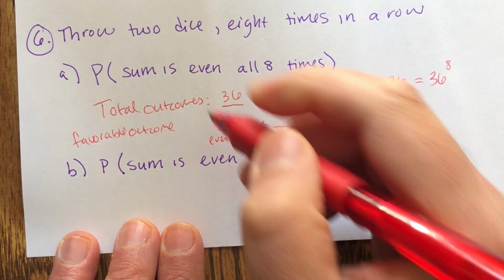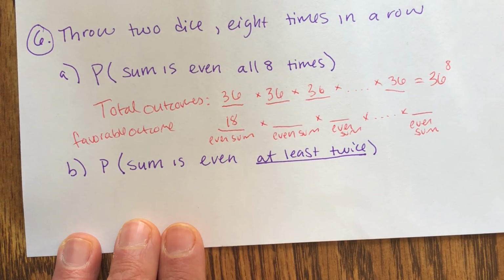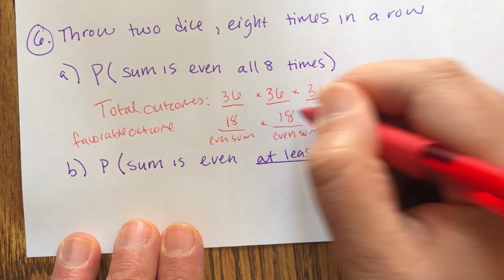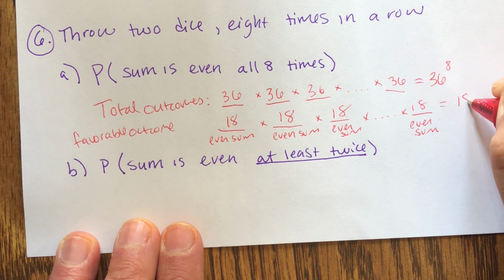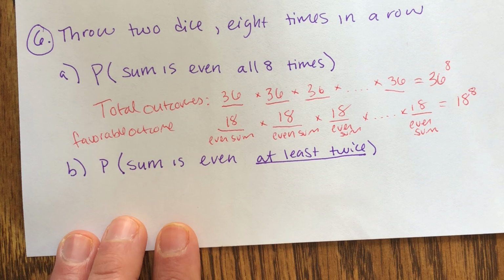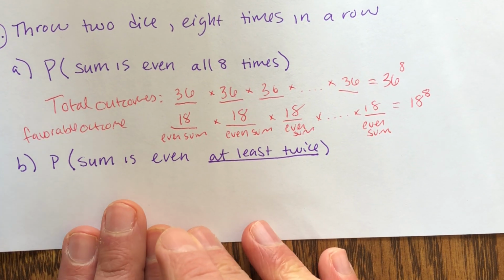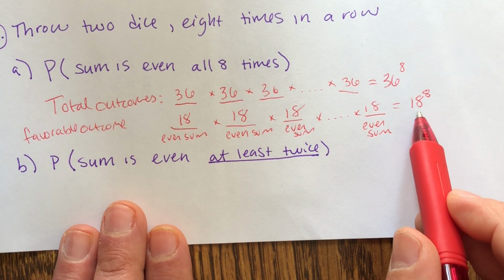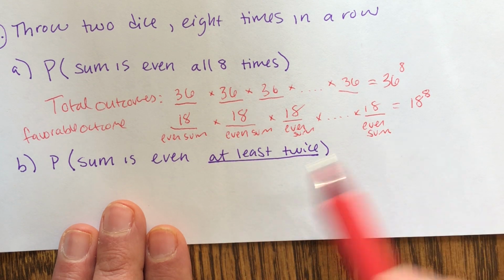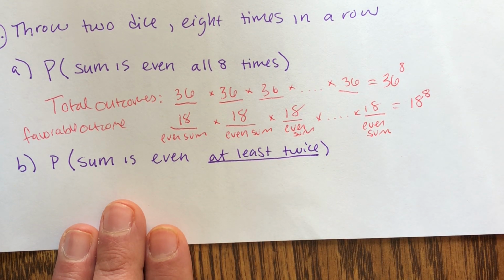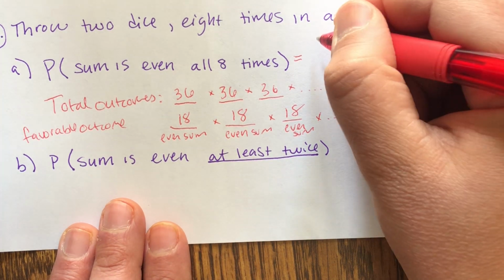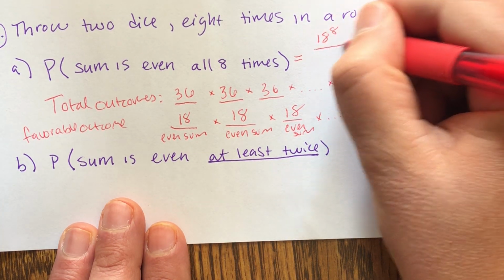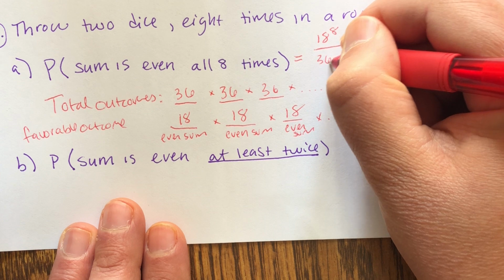There's 18 ways that you could get an even sum the first time, and then another 18 ways the second time, all the way down the line. So there's 18 to the 8 different favorable outcomes here. 18 to the 8 ways that you could get an even sum 8 times in a row. So this probability then would just be the favorable outcomes over the total outcomes. That's 18 to the 8 over 36 to the 8.